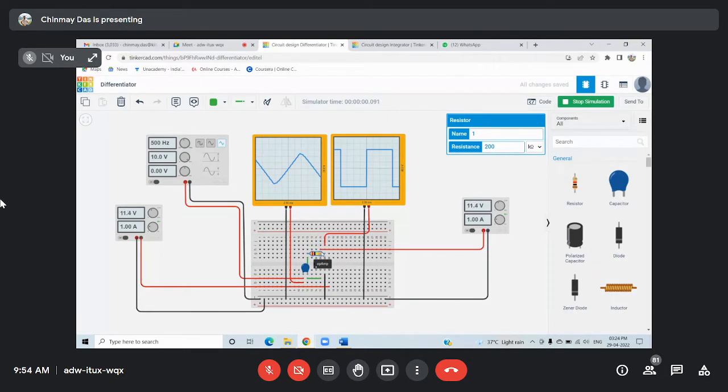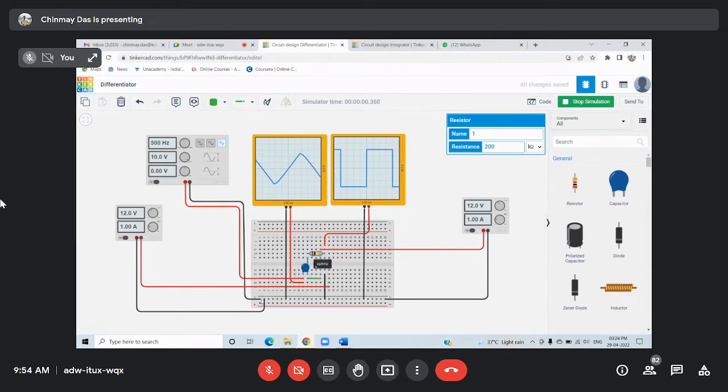Here pin number 7 is connected with the positive power supply, and pin number 4 is connected with the negative power supply.